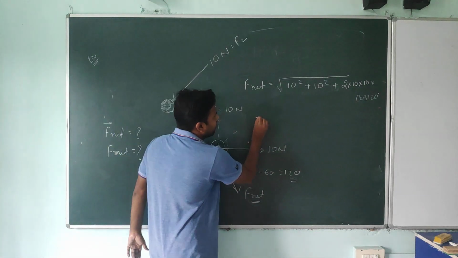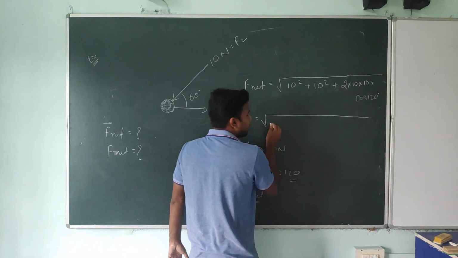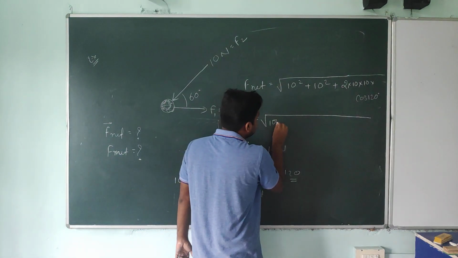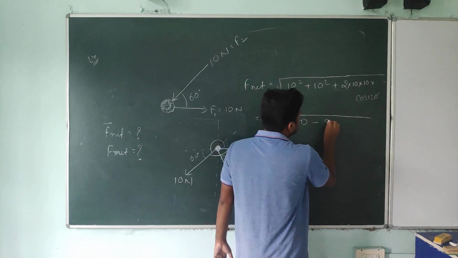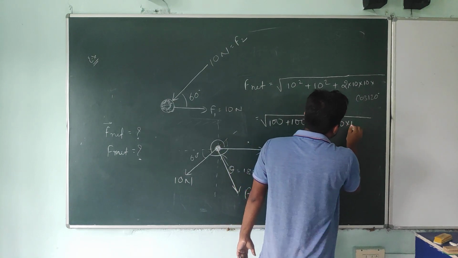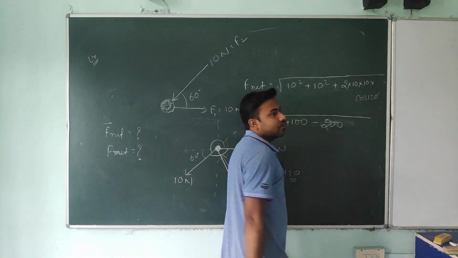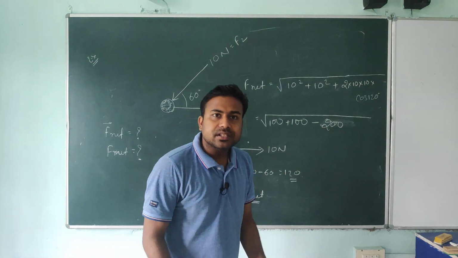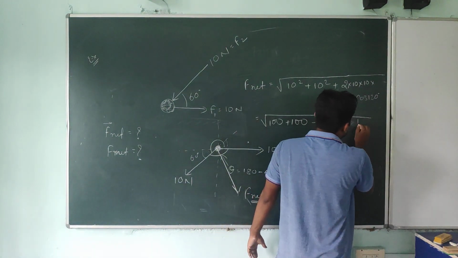Now what can we write here? Look at this. 10 squared is 100, plus 100, plus 2 into 10 into 10, that is 200, cos 120. Cos 120 is minus sin 30 degree, which is minus 1 by 2.